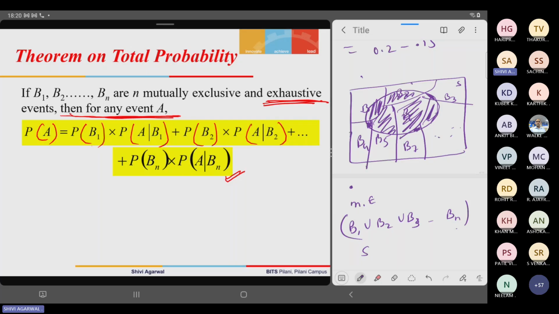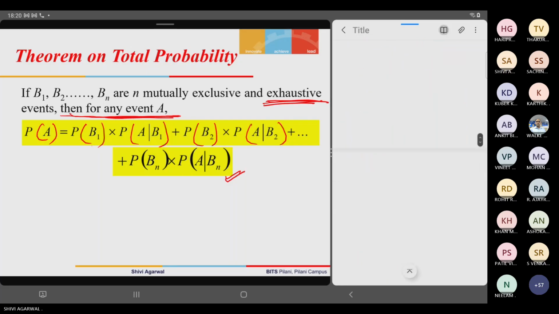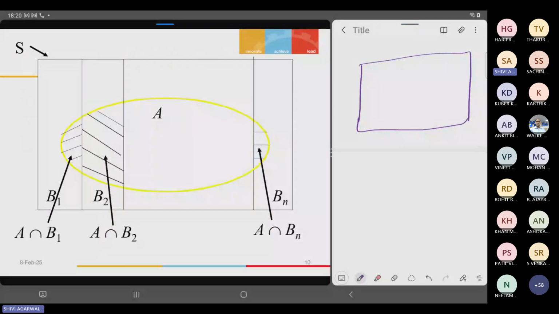I will explain it again. This is a sample space. If I write on the PPT now, it will become congested because I have to write more in this one. So it is given in the slide, don't worry about it.